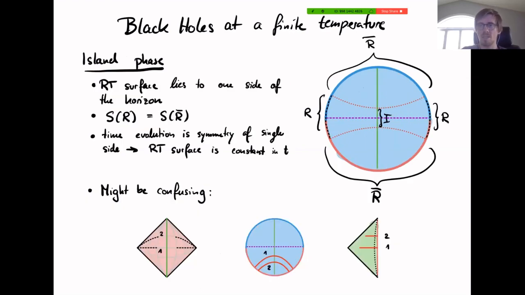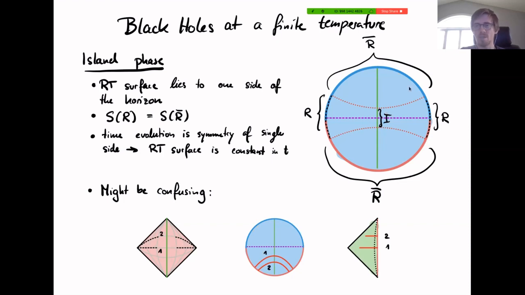So what we see here is that the corresponding RT surfaces, each of these RT surfaces, lie to one side of my horizon. And it turns out that time evolution of a single side is a symmetry, right?